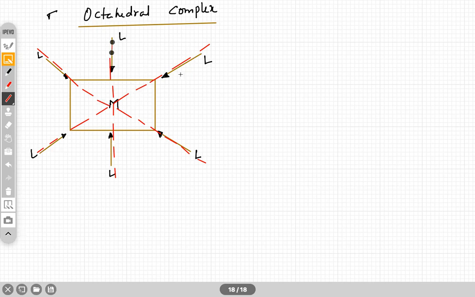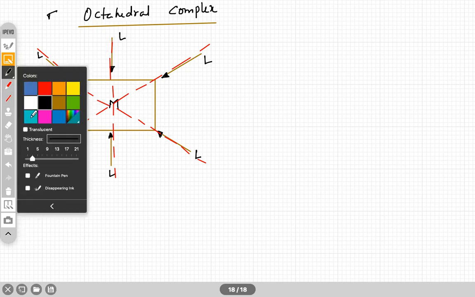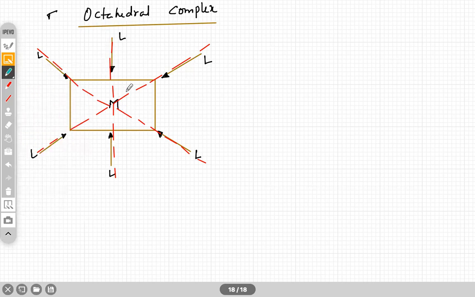Obviously, along this line we have the dx square y square orbital, and along this line we have the dz square orbital.